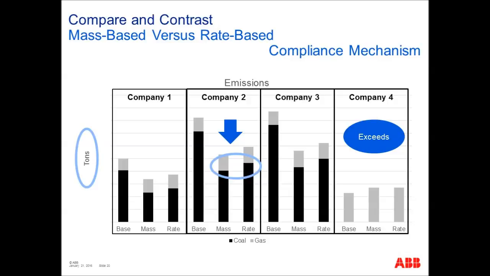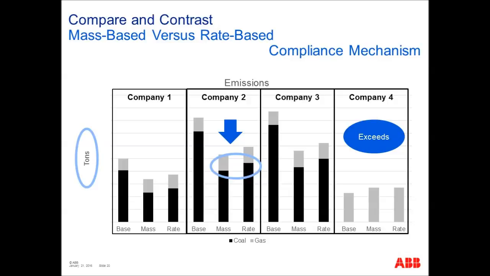Here the vertical axis is tons of carbon released. We've looked at each of these entities under a base run, which is no limitations, then under a run with mass limits, and then under a run with rate-based limits. The mass-based and rate-based limits were comparable, and so we clearly see that both of these programs meet the intention, which is to lower emissions.